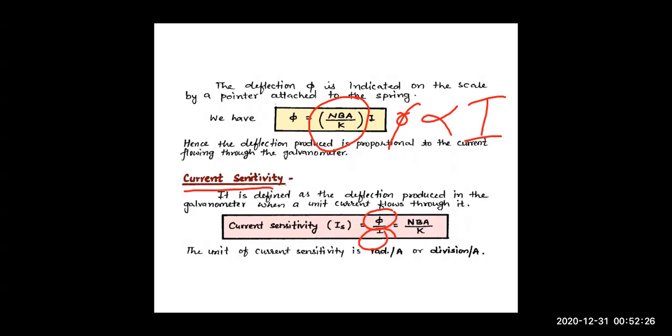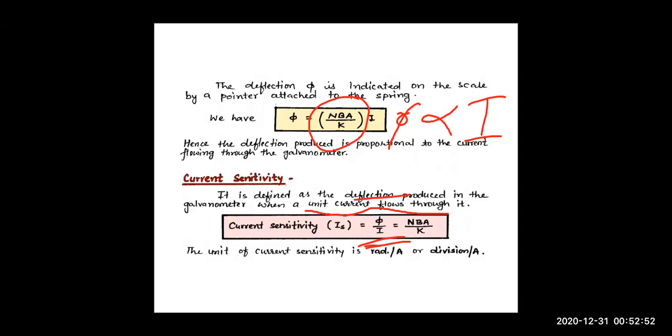Is the galvanometer sensitive to a very small current flowing in the circuit? If the galvanometer shows deflection for a very small current flowing in the circuit, then you will say that the galvanometer is very sensitive. That is your current sensitivity. That is the deflection produced for a very small current flowing through it. So it is deflection per unit current.